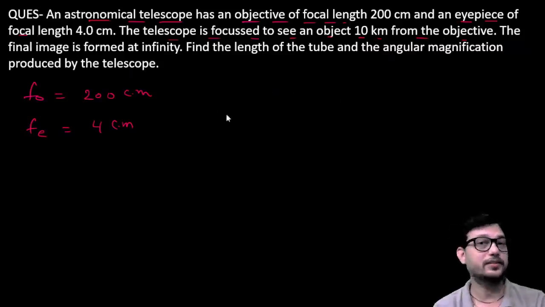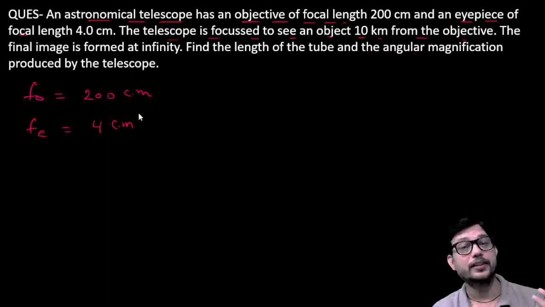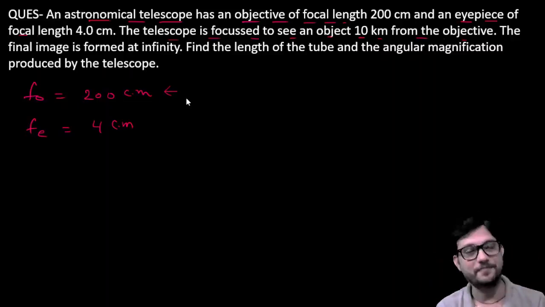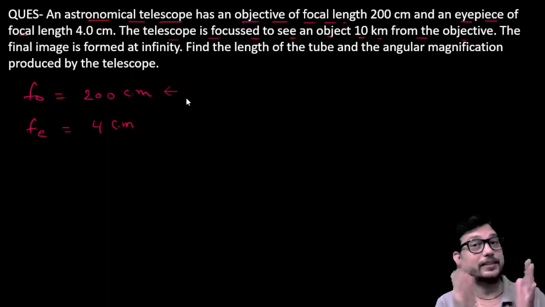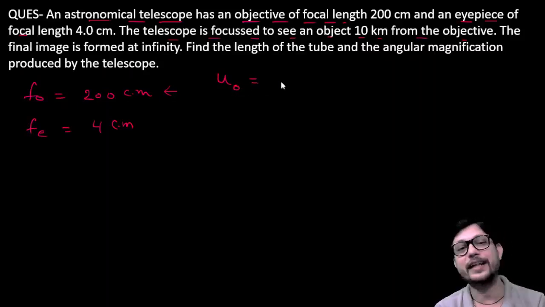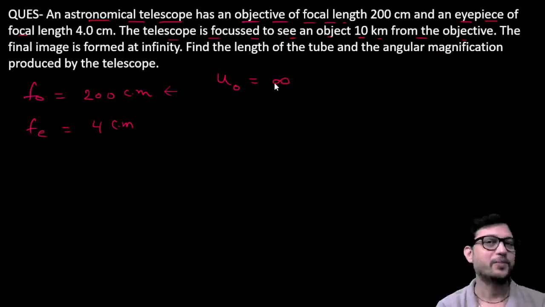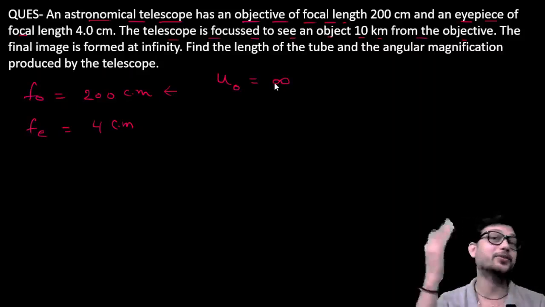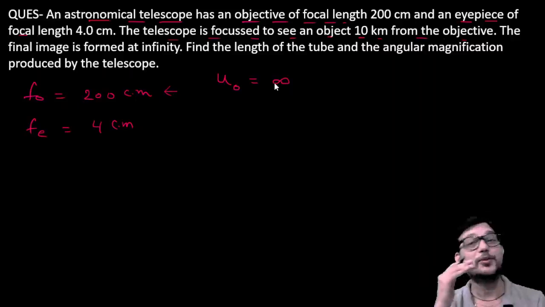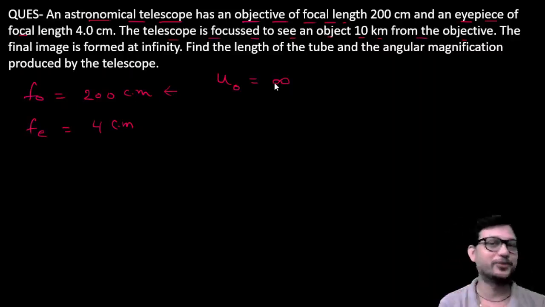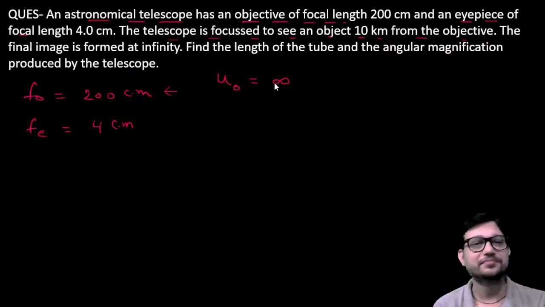It means 10 km. You can see that the focal length is in centimeter, but the distance of the object is in kilometer. It means you can consider that the object kept in front of the objective lens is nearly at infinity, because if we compare centimeter to kilometer, it is nearly infinity with respect to centimeter.